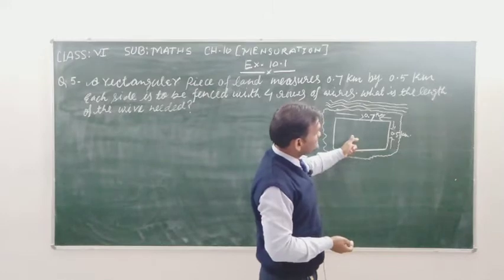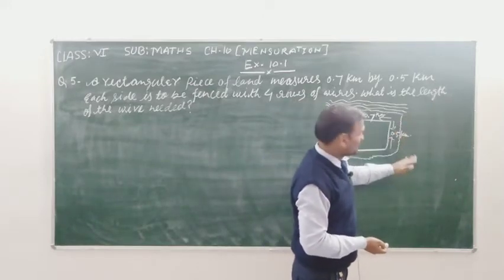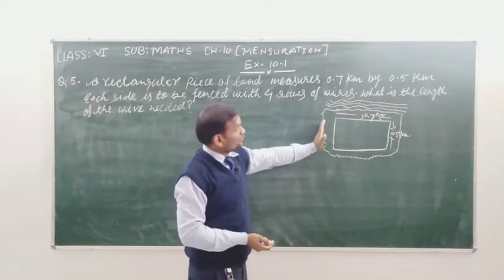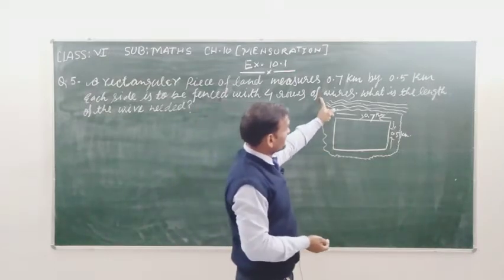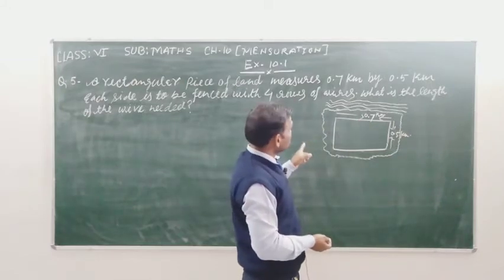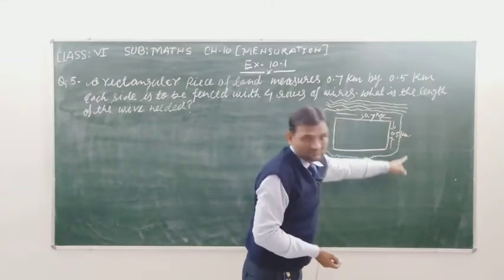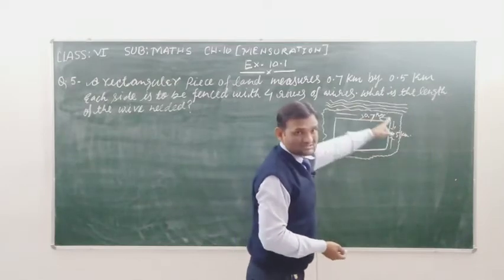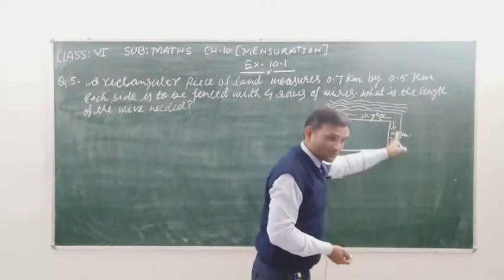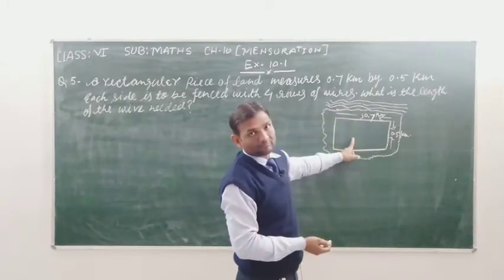You have to use it on this side, on this side and on this side also. So question is asking me what is the length of the wire which is needed for fencing 4 times with 4 rows of the wire on the rectangular piece of the land.